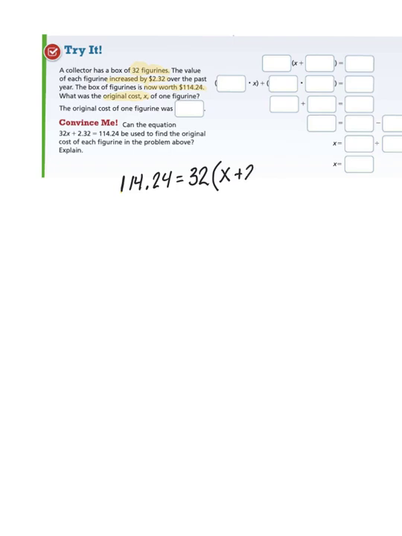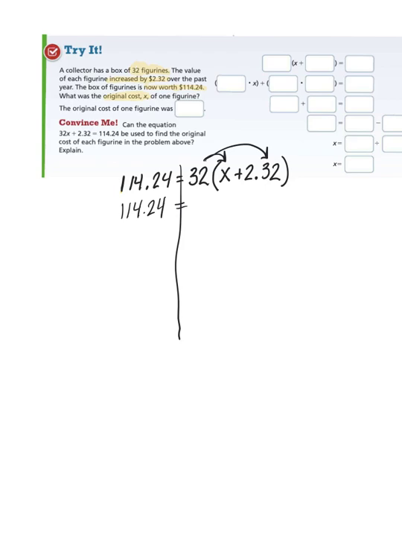However, we know they went up in value by $2.32 each. All right. Again, this is a distributive property. The 32 is touching the parentheses, so you have to multiply it by everything inside of the parentheses. So my 114.24 is going to come straight down.